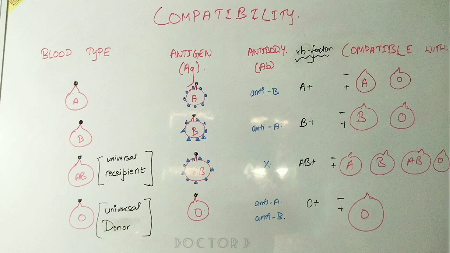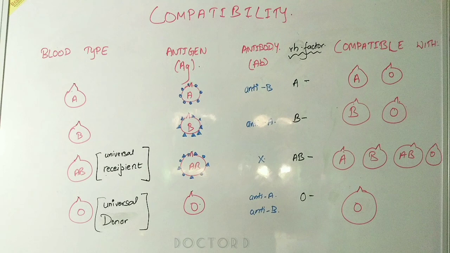Whereas if the Rh factor is absent, the blood group is said to be negative, and this reduces the window for compatibility. A person with A negative blood group is only compatible with A negative and O negative.